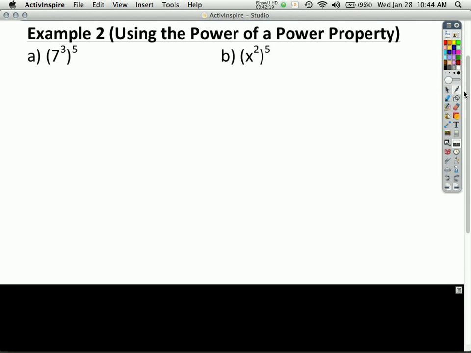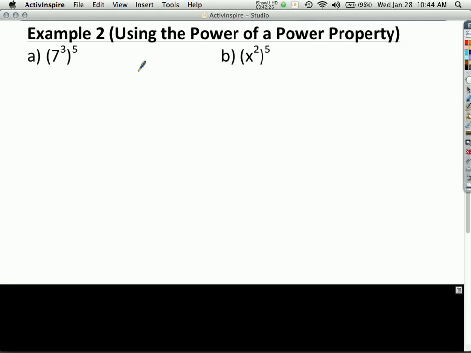We just figured out, with Chanel's help, that whatever is inside here, we have to say 5 times. So we have to say 7 to the 3rd times 7 to the 3rd times 7 to the 3rd times 7 to the 3rd times 7 to the 3rd. So we said it 5 times. And now 7 to the 3rd really means 7 times 7 times 7.